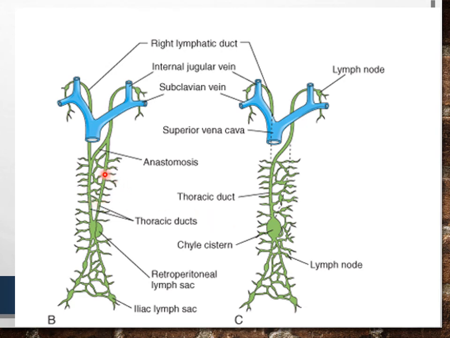The left-sided one is mostly going to disappear and regress, as you can see here in the dotted line. This is forming the thoracic duct, and there is this anastomotic channel between the right and left duct. So the caudal portion of the right-sided lymphatic channel persists as the thoracic duct.